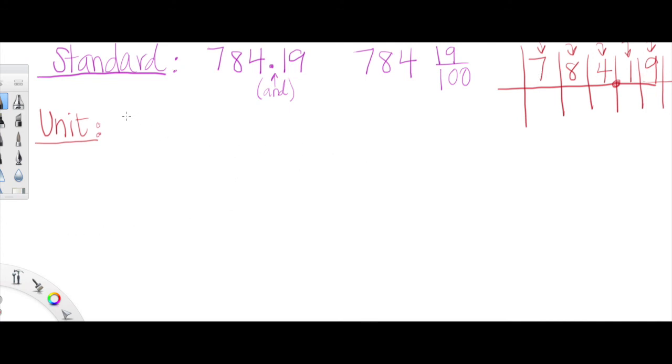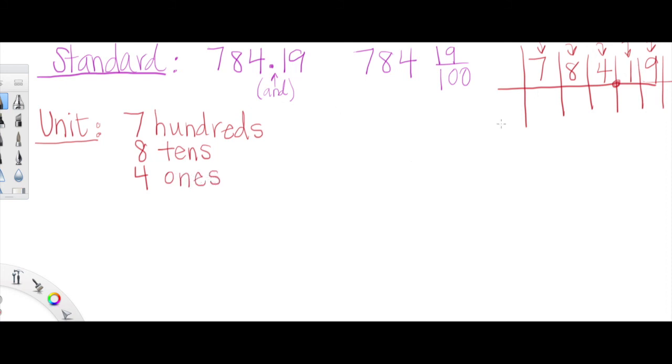Unit form, so we have 7 hundreds. Unit form, keep in mind guys, is that mix between digits and words. So we have 7 hundreds, and now we have 8 tens. We're just moving through the place value chart. We also have 4 ones.